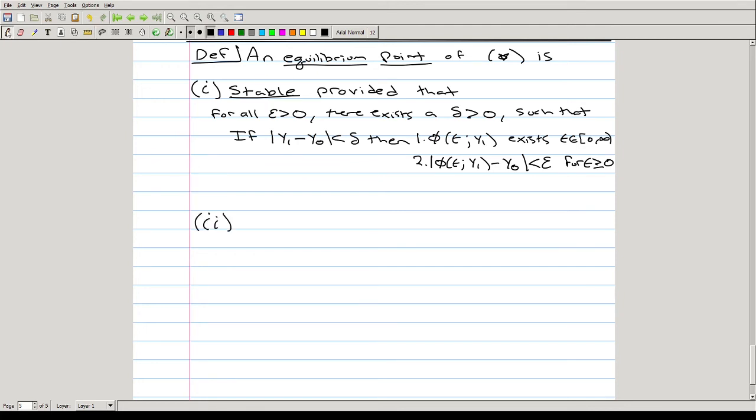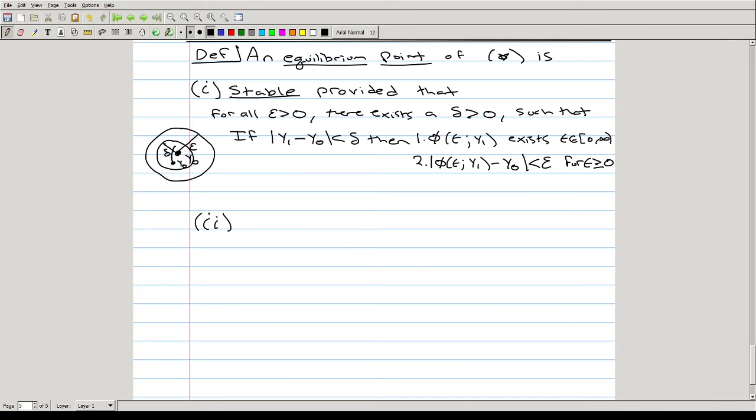So I'll give you a good picture of what this means. This is a 2D picture, and I'll extend our idea to 2D. This is saying that if you have an equilibrium point y0, then for any epsilon, no matter how close you want to get to y0, there's always going to exist a smaller delta region around y0, such that if solutions have an initial condition inside this delta region, the solution will stay within epsilon for time t greater than or equal to 0.